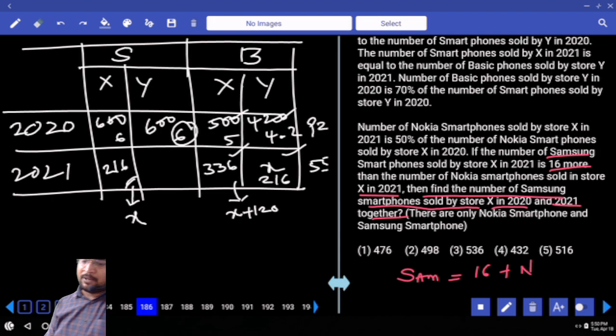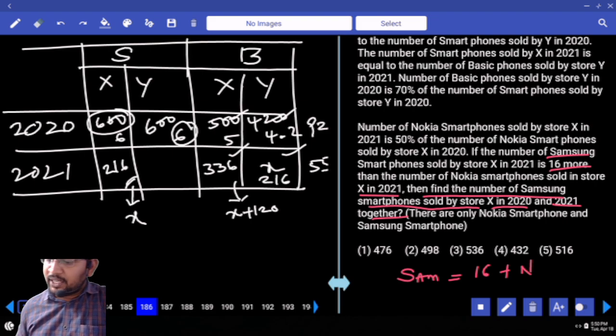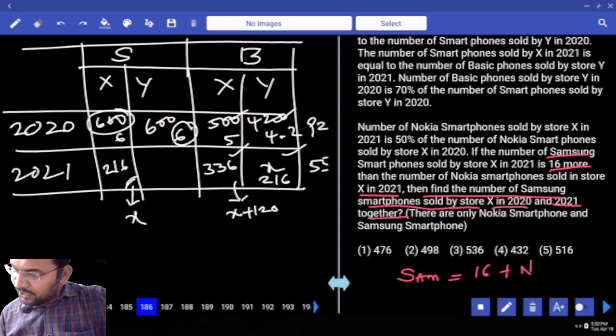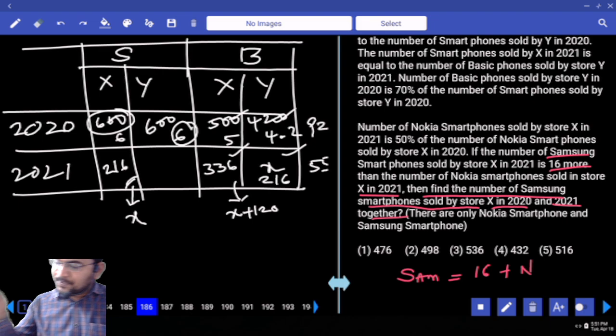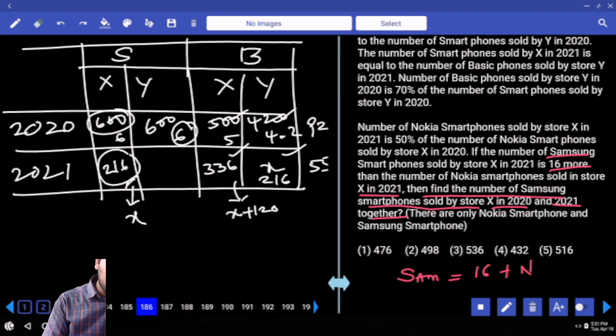Now look here, all of you. We need 2021 and 2020 Samsung smartphones total. They're talking about only store X. Here total mobile phones are what? This is 2020. In 2021, Samsung plus Nokia together is 216.